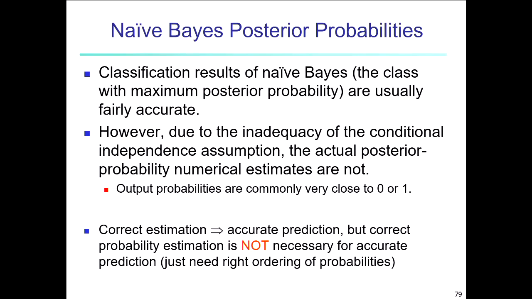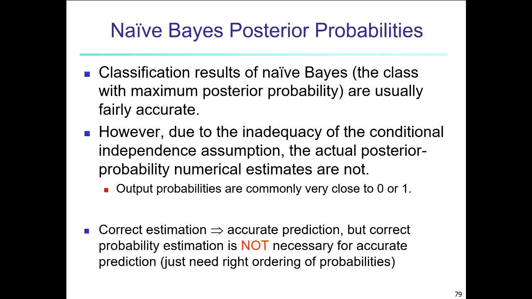So this slide, I think I've mentioned before. The classification results of naive Bayes are usually fairly accurate, but the number you get is not the actual posterior probability.